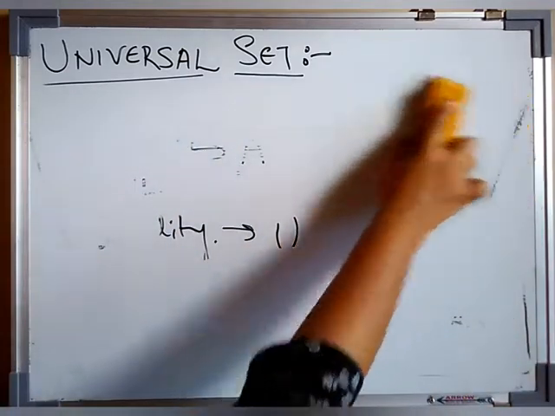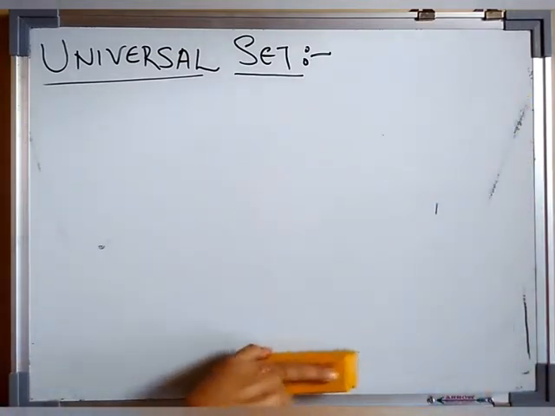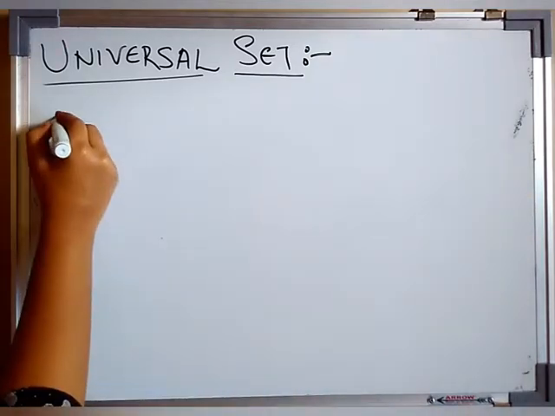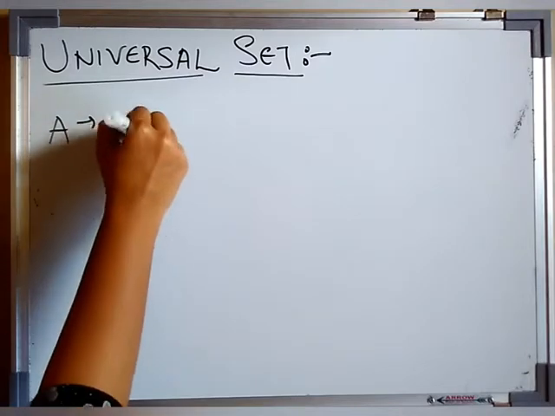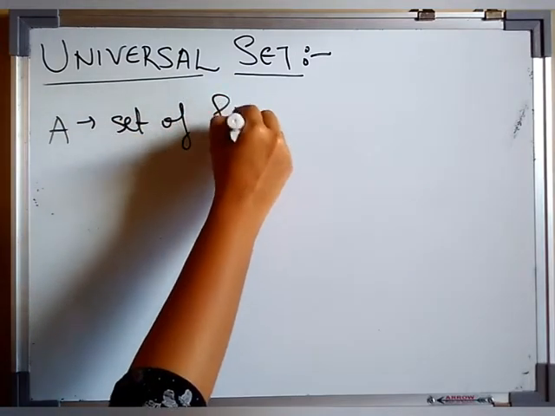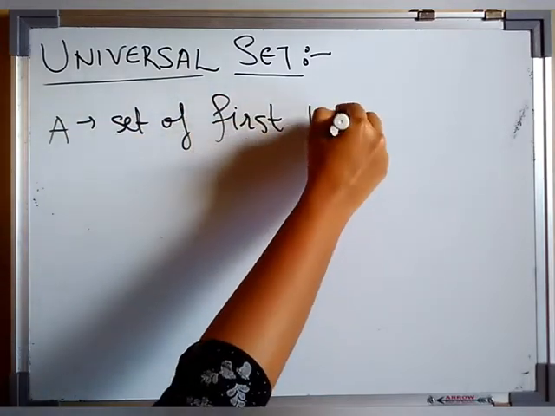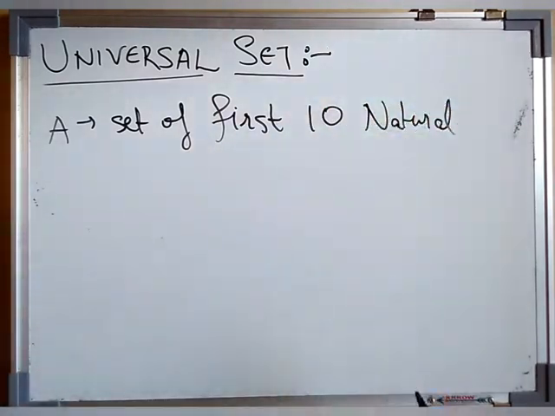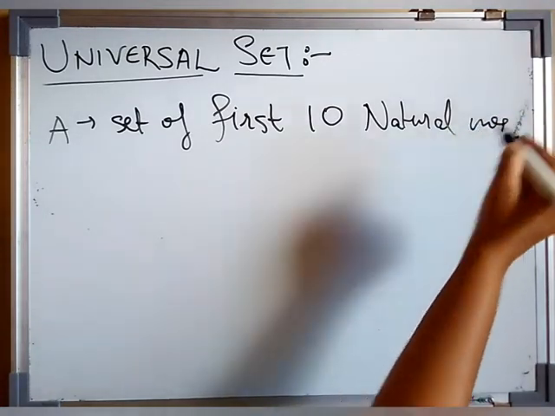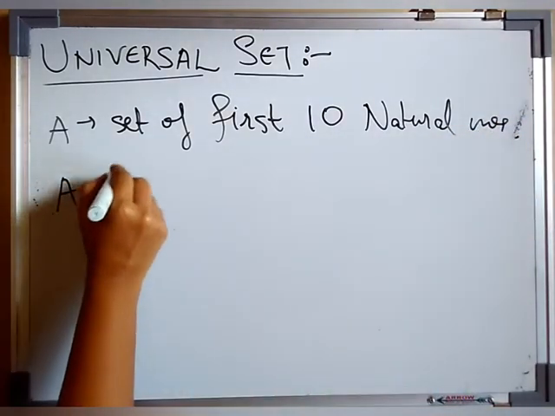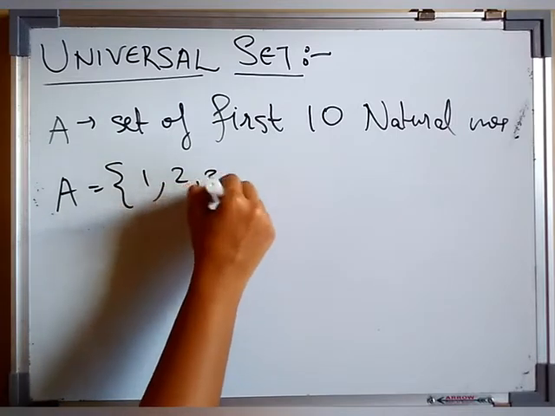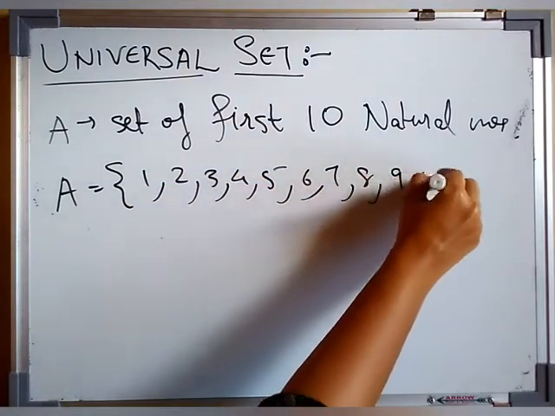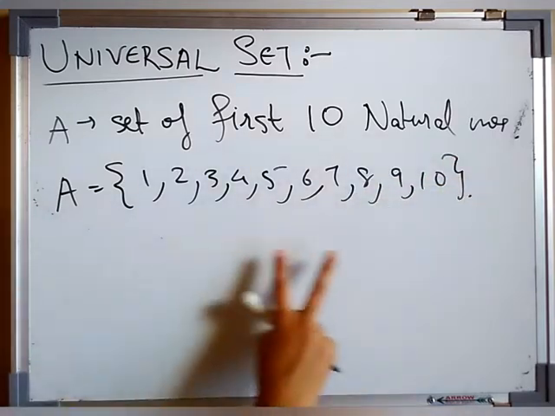Now consider another example so that you will get a better understanding. Now when I write, A is the set of first 10 natural numbers. Okay, first 10 natural numbers.